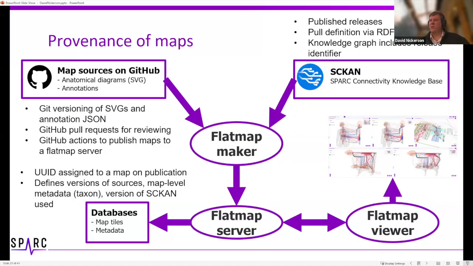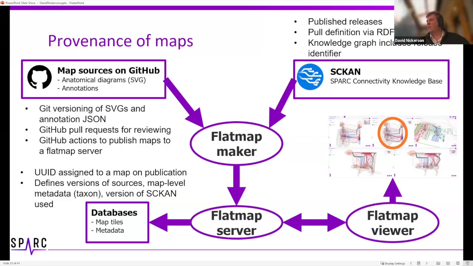Then when you make an actual flat map, we're using UUIDs as a way to track the very specific version of a given map. And so that identifier tells you everything you need to know about what went into that map.